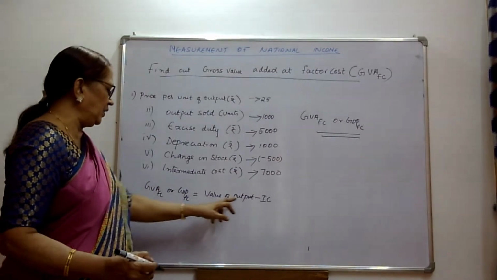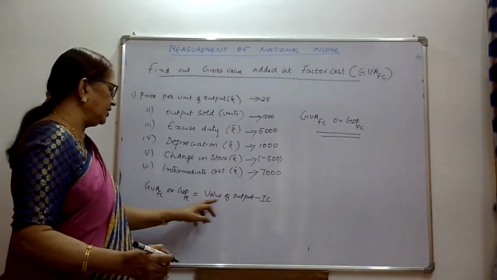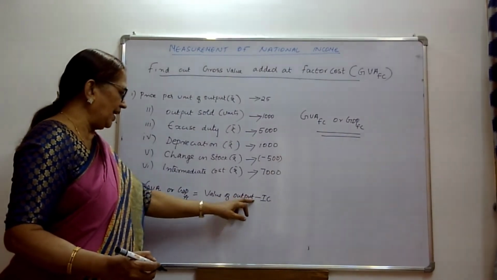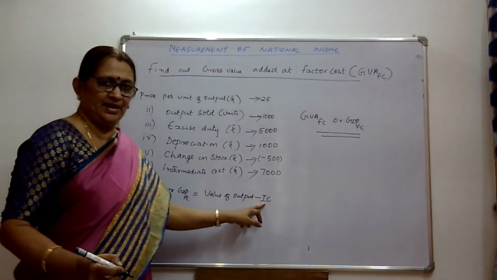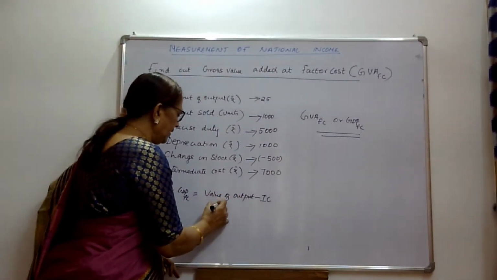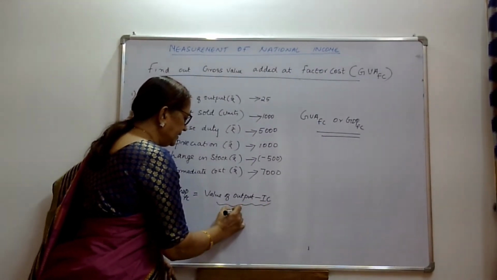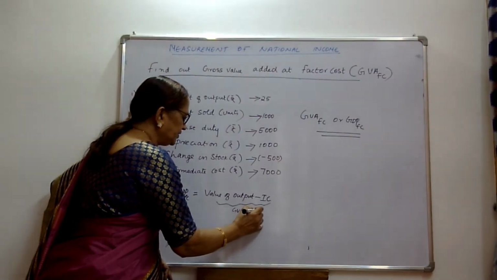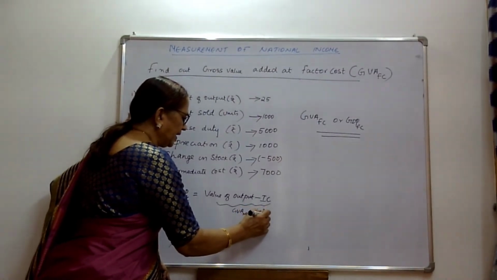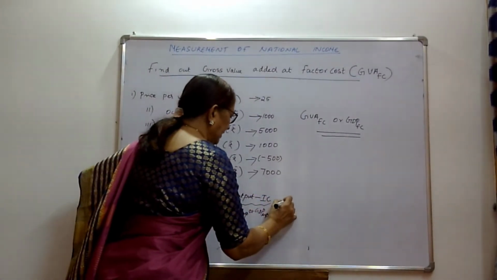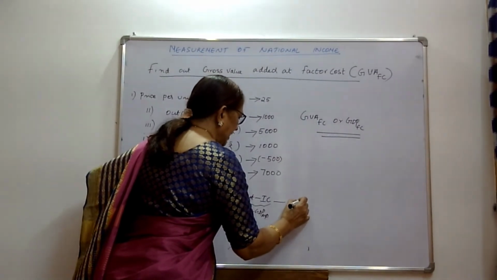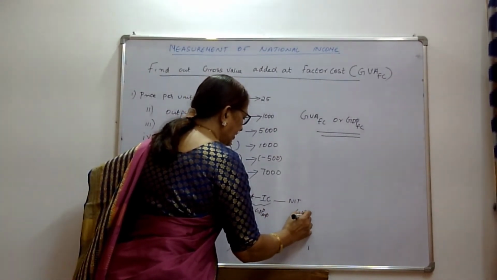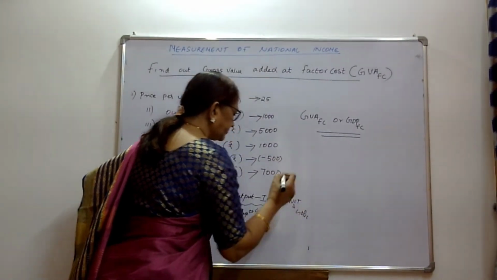We get value added, that is GDP at market price, minus net indirect tax, we get GDP at factor cost.